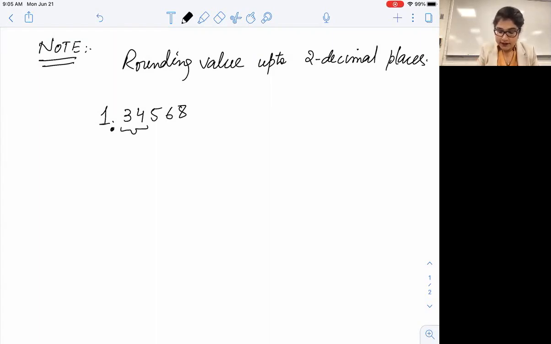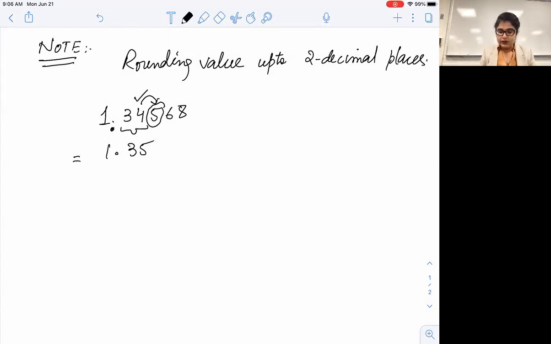But after these two values, you have to look at the third digit. If this third digit is 5 or more, like 5, 6, 7, 8, 9, then you always have to round the second digit up by one. So for instance, here 1.34, the rounded value will be 1.35.